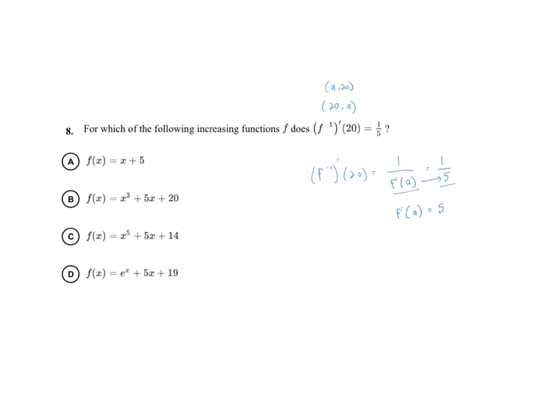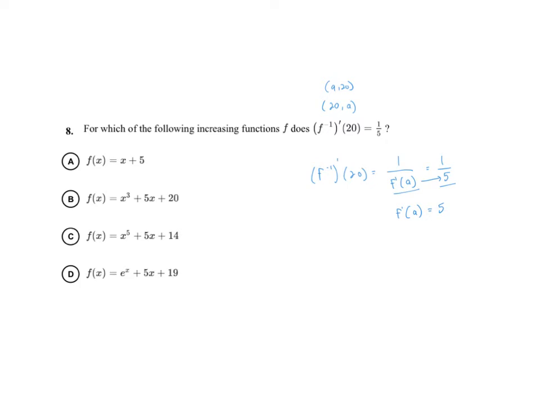These questions are kind of strange because we just have to do it one at a time, I guess. We don't know the x value of the point on the regular function. We know the y value is 20. Just keep in mind what we're doing.